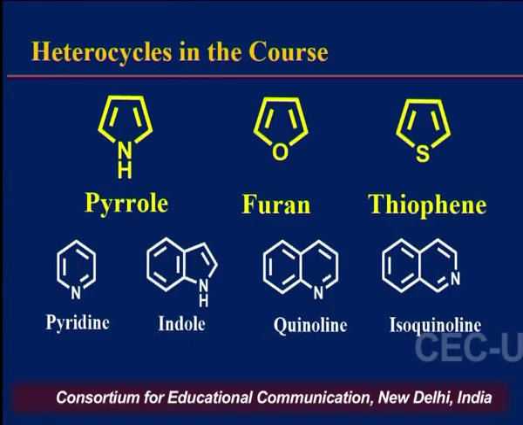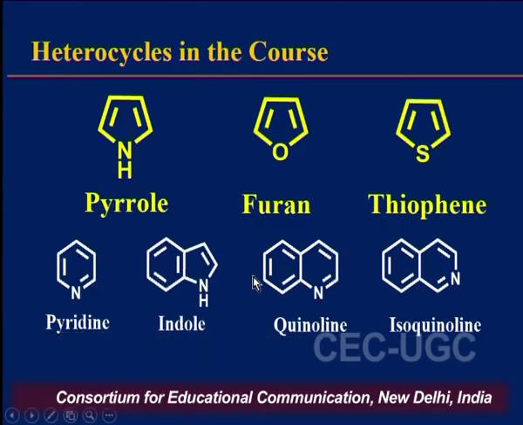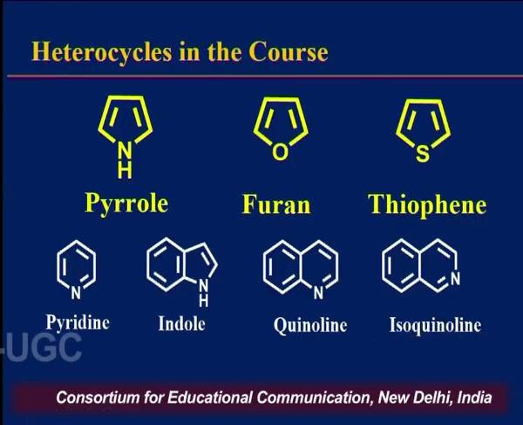Thereafter, we will discuss 3 fused heterocyclic compounds. In fused heterocyclic compounds, 2 or more rings are fused together. Like in indole, there are 2 rings, benzene and pyrrole, fused together.